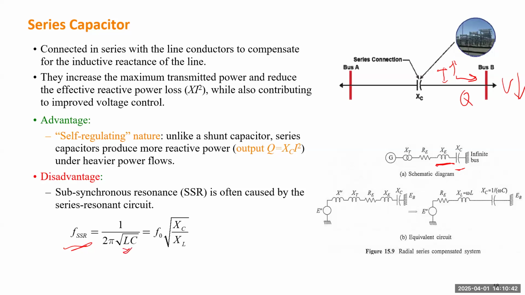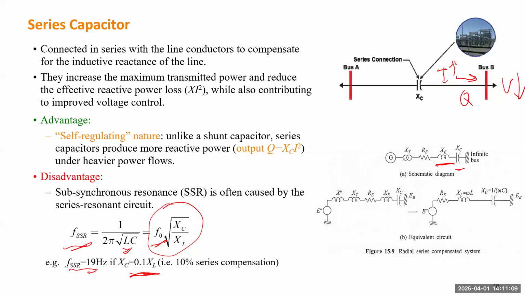L is the total inductance along the transmission path, and C is the total capacitance of the transmission path. If you want to use the impedance of the line and the impedance of the capacitor, we can also use this formula. F0 is 60 Hertz. So if we compensate 10% of the transmission line, you are going to generate a 19 Hertz subsynchronous oscillation.